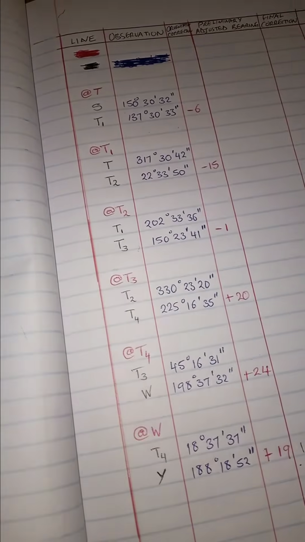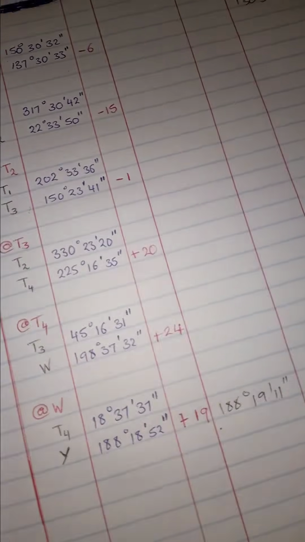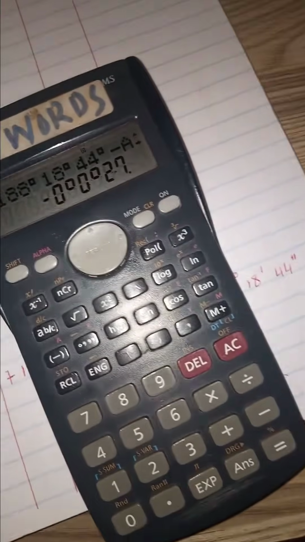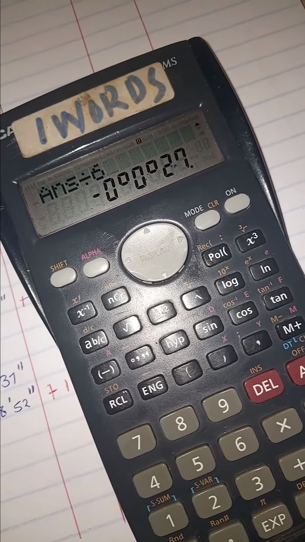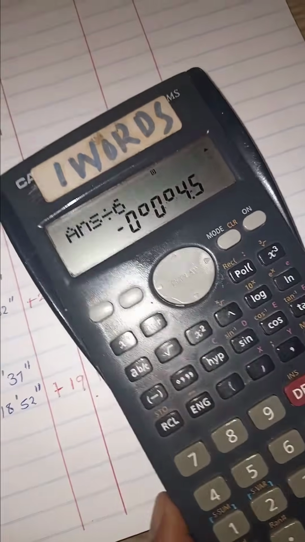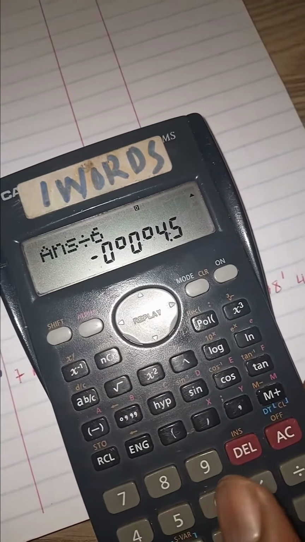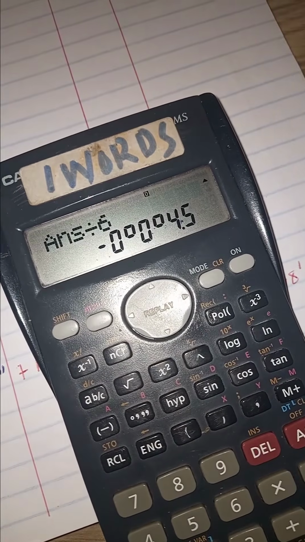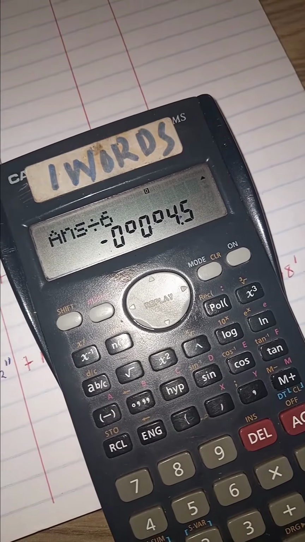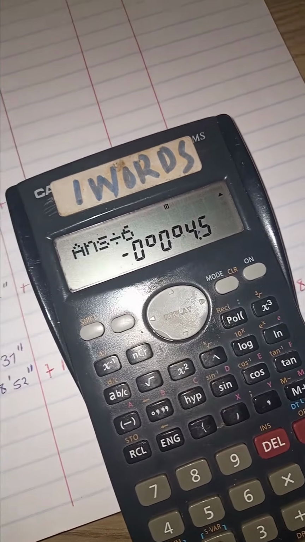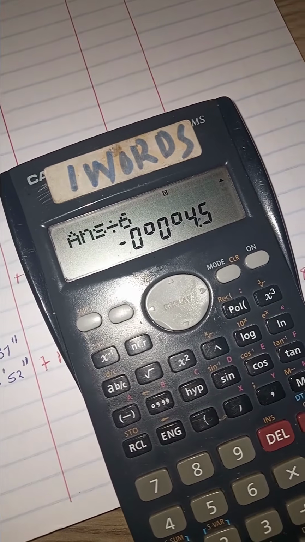By dividing my answer by 6, I'll find that I will need to apply a final correction of negative 4.5, and that 4.5 will be increasing in the same correction.